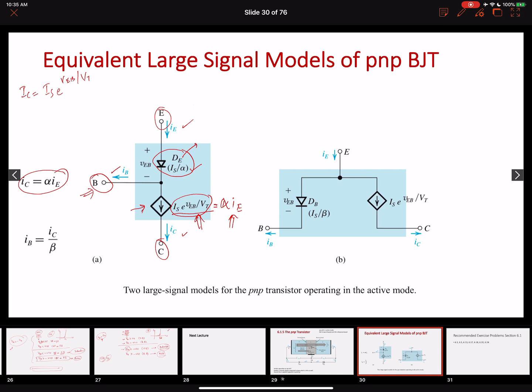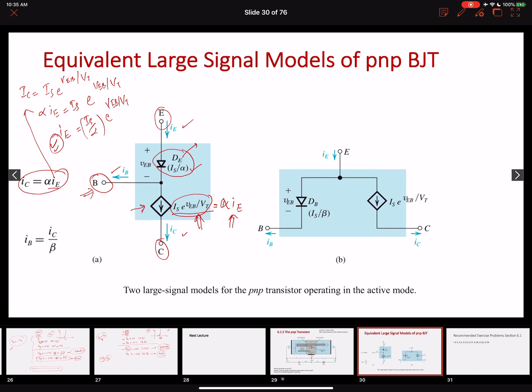How do we know that? We can replace IC with alpha times IE here. So we have alpha IE equals IS e raised to the power VEB over VT, and IE equals IS over alpha e raised to the power VEB over VT.